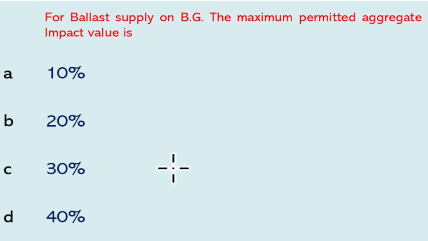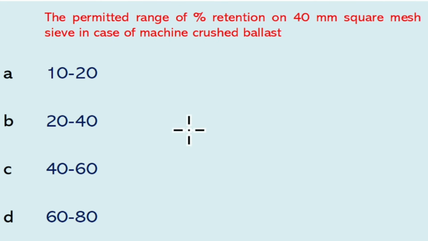The maximum permitted aggregate impact value is 20%. The permitted range of percentage retention on the 40 millimeter square mesh sieve in case of machine crushed ballast is 40 to 60%.